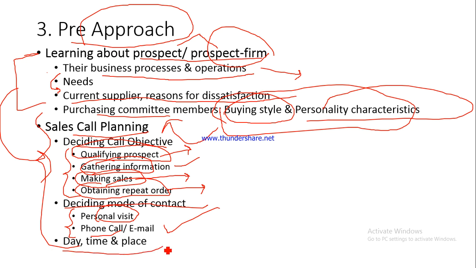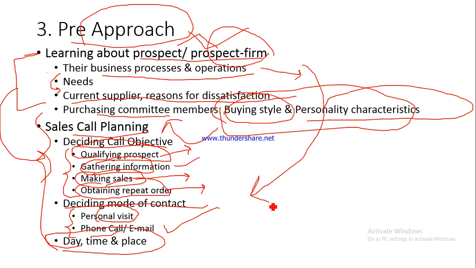And plus you also decide when, which day of the week, at what time of the day, and where to visit your prospect. Now that you know about your prospects well, because of this particular step of pre-approach, you can use this information.